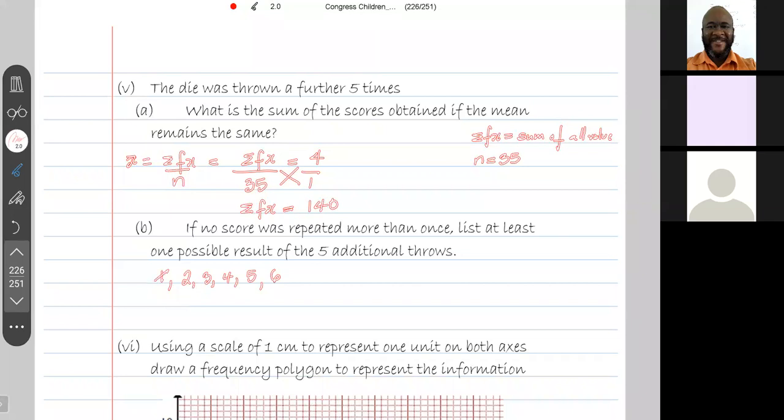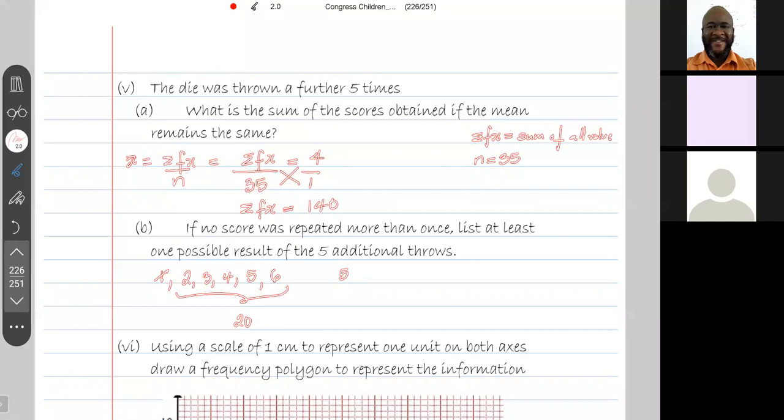If I take this one out of it, these 5 add up to 20. 2 plus 3 is 5. 5 plus 5 is 10. 4 plus 6 is 10. These 4 add up to what?